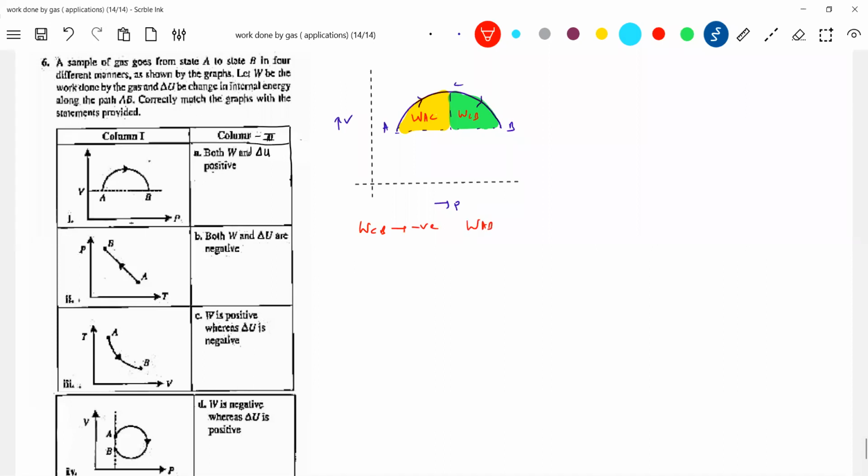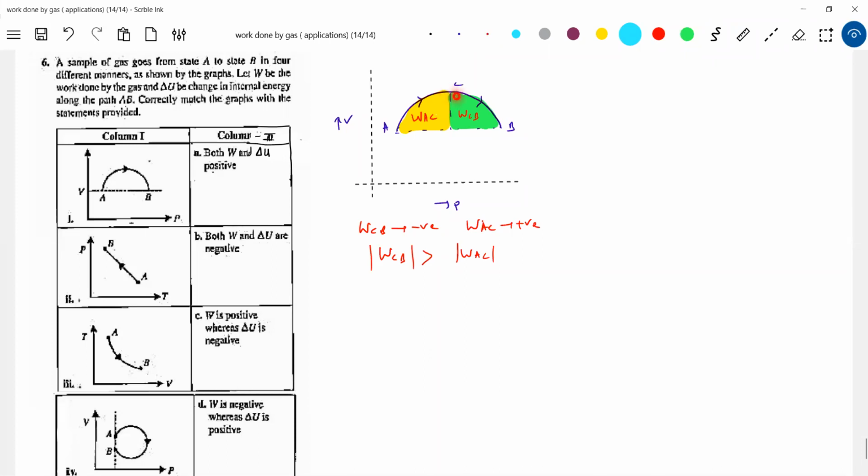Work done by the gas from A to C is positive. So therefore net work done by the gas, positive or negative? Should be negative.